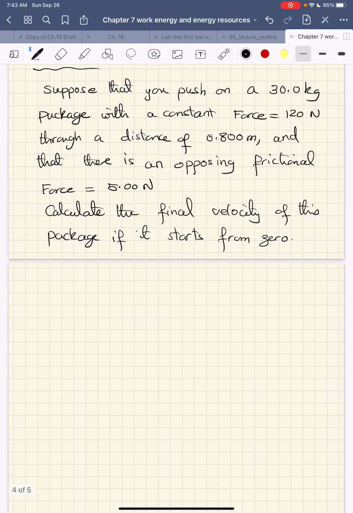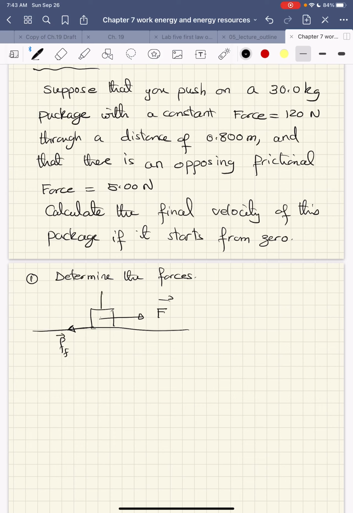Then here what I will do is first determine the forces. I have that package, I have that driving force F, I have force of friction, I have normal, I have mg. These are the forces.